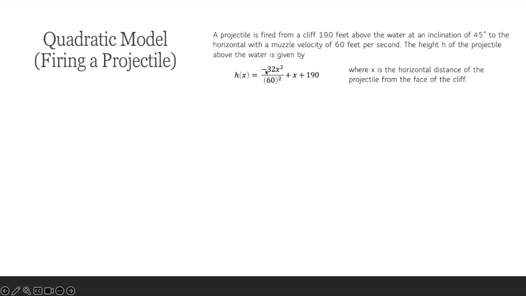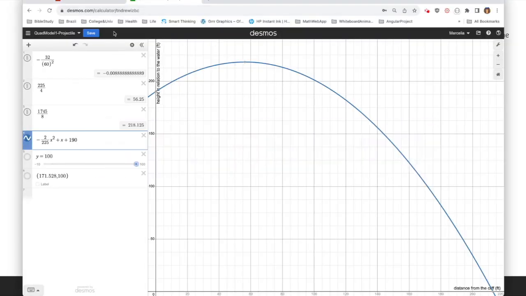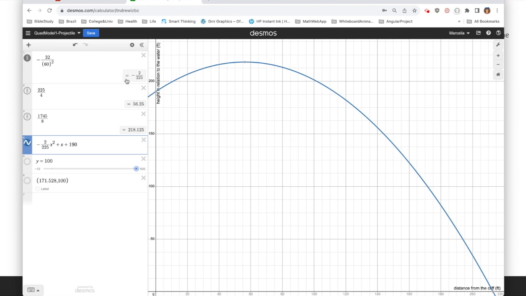First thing that we're going to try to do is to simplify the constant that is next to the x squared, because here I see that it can be simplified. I go to Desmos and I put the equation there. It gives me this decimal, but when I click here, I see that this fraction turned into negative 2 over 225, so much simpler than this one.